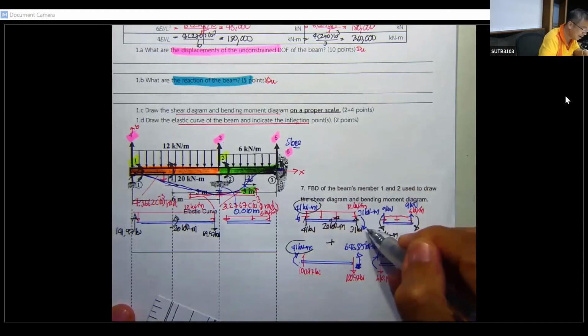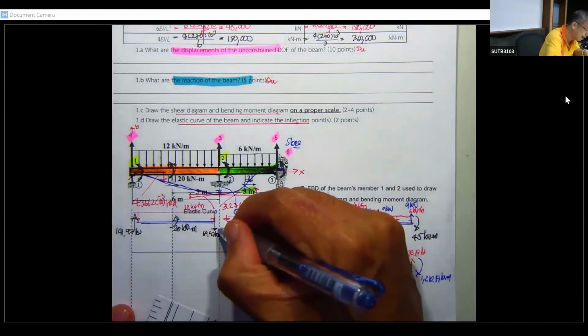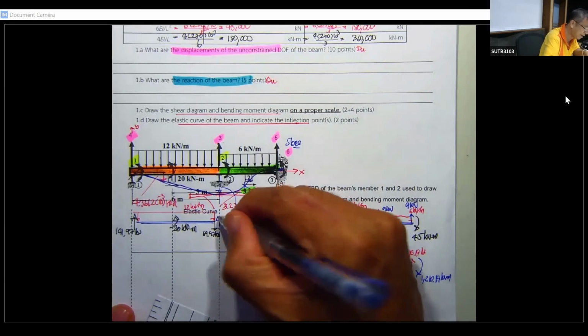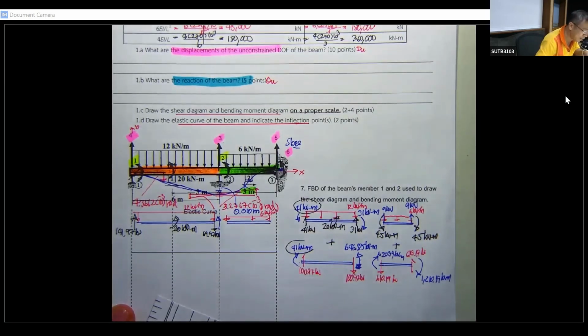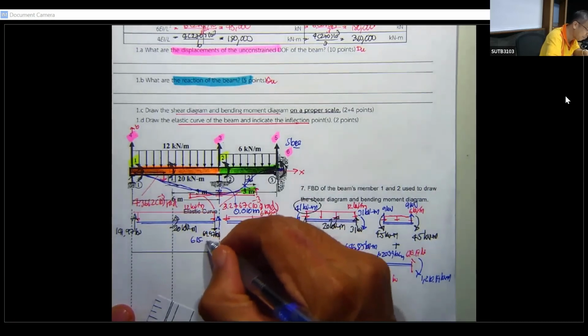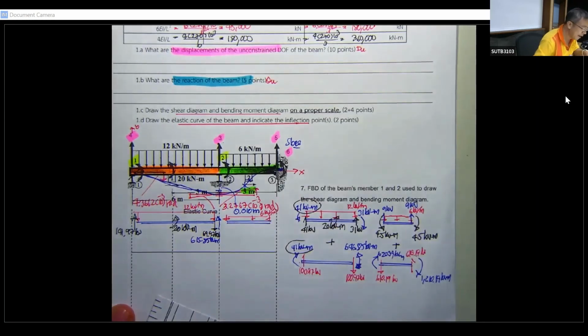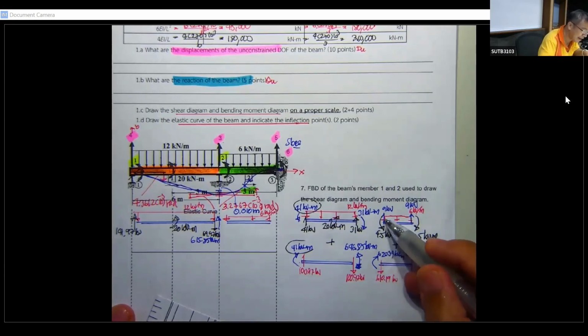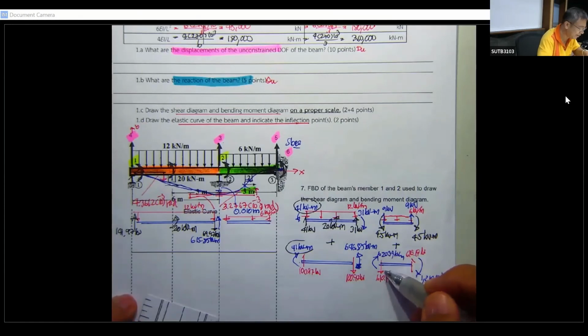So let's delete it, and then we get this moment to be 615.85 kilonewton meter, and then we move to the second one. This is 9. This is 600 something.